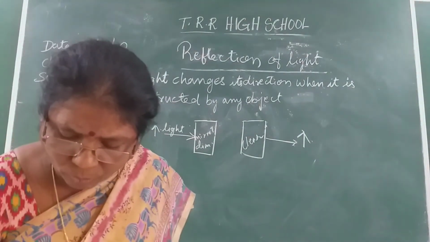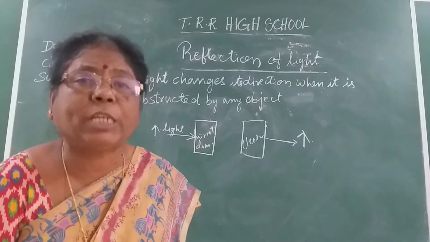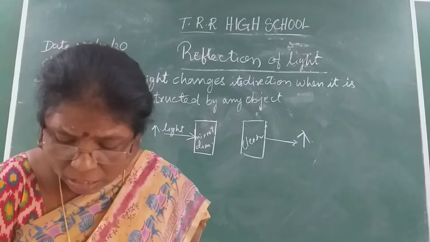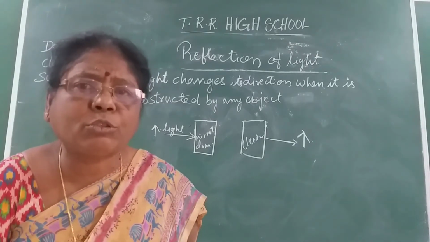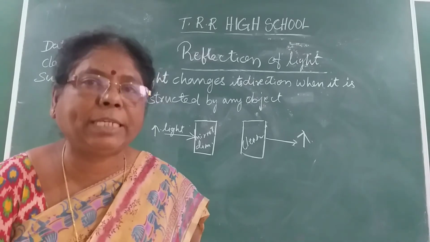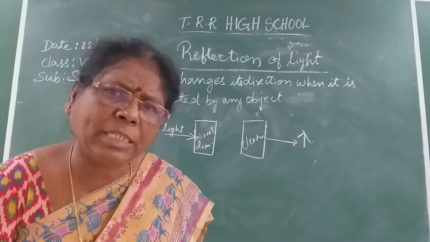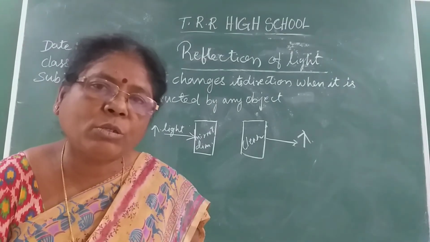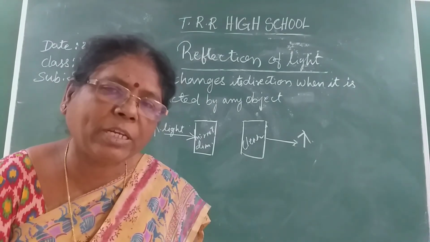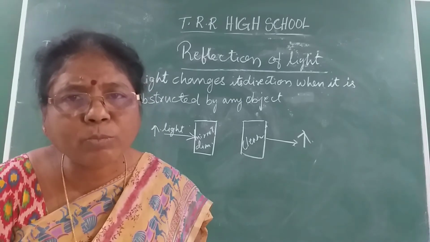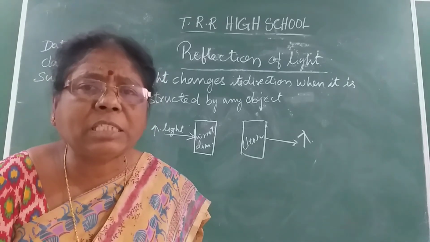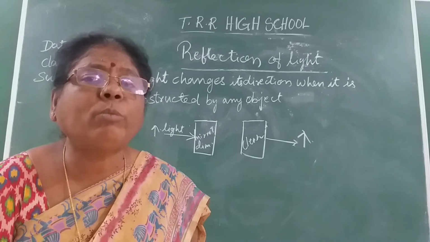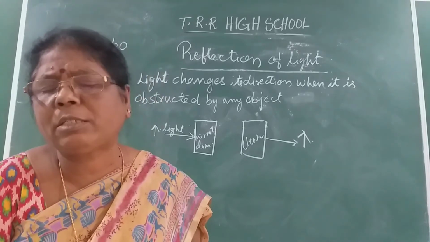Now, next, we already know that we see any object when a source of light is there. During the daytime we can see objects because sunlight is available. In the dark, can you see the objects? No. So what is required to see an object? A source of light is important.